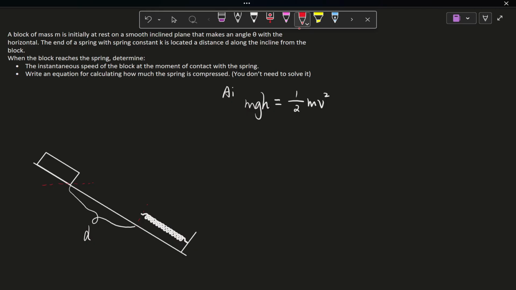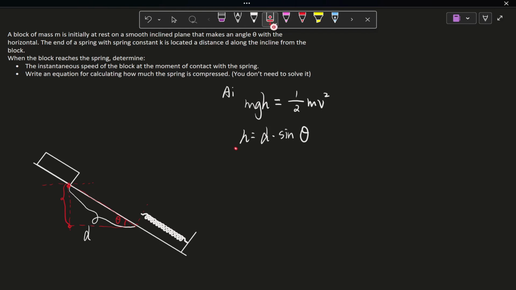The h is basically the distance from this point to this point, and we already know the length of the incline is d. So using trigonometry, we can get the height is actually equal to d times sine theta.